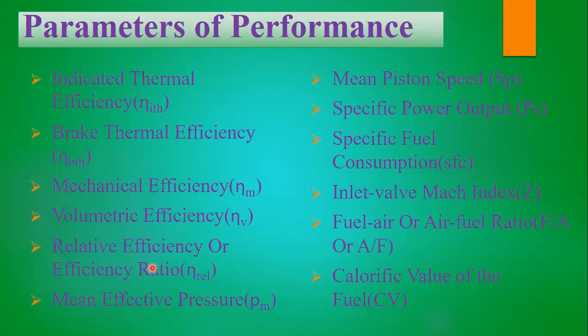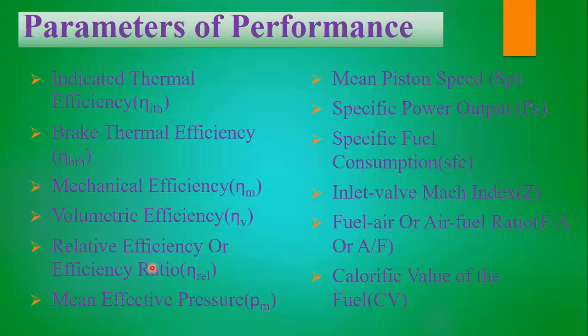So that much difference is there. Indicated power means the energy developed within the combustion space, and brake power means the power useful to rotate the crankshaft. So you got some idea on indicated power and brake power.